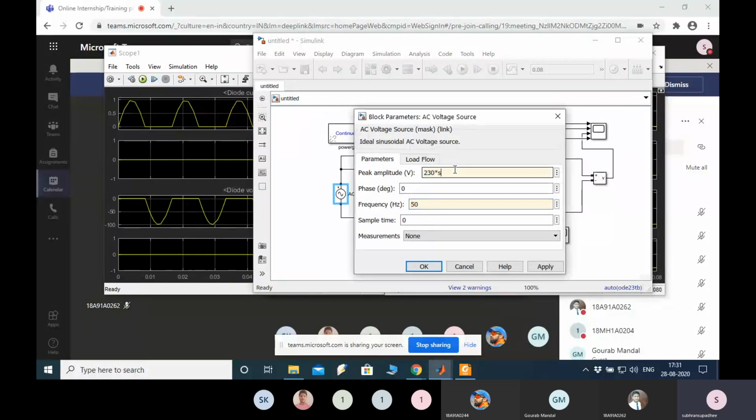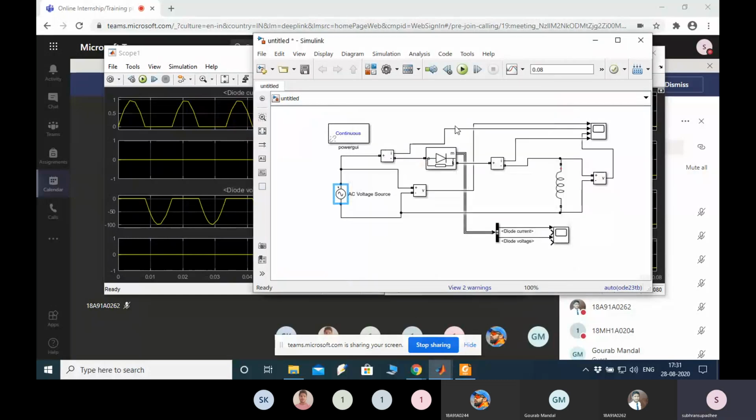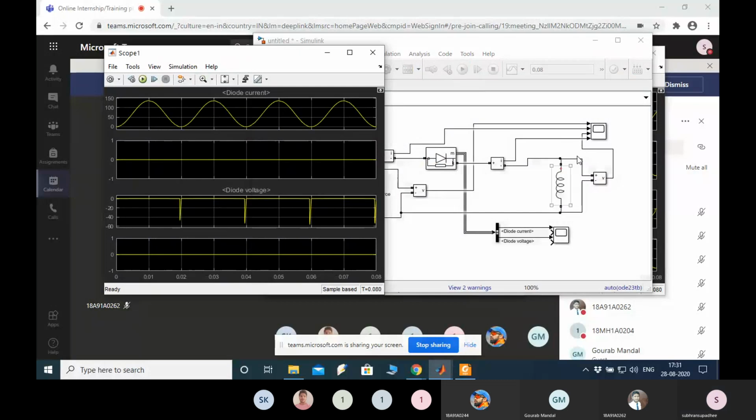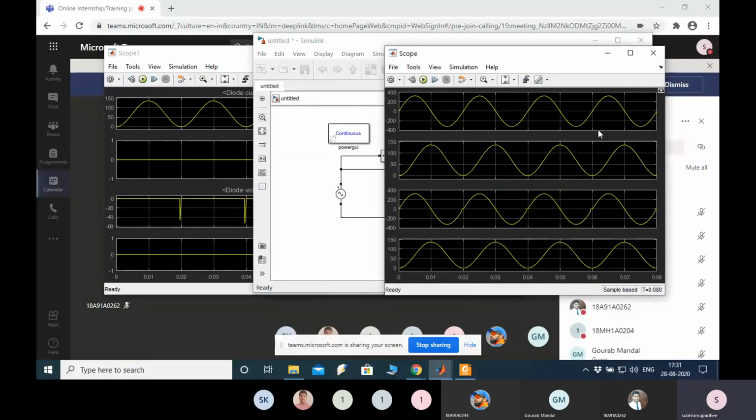Over here, the source voltage, source current, load voltage, load current.